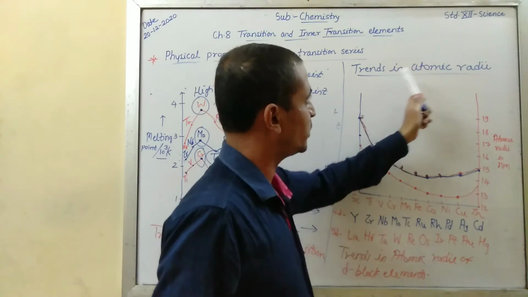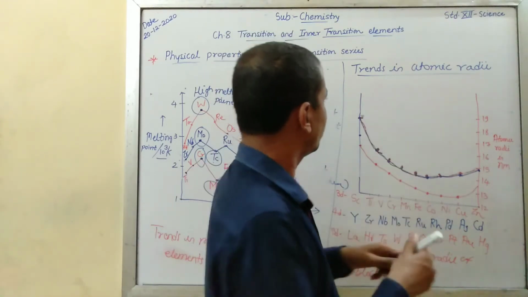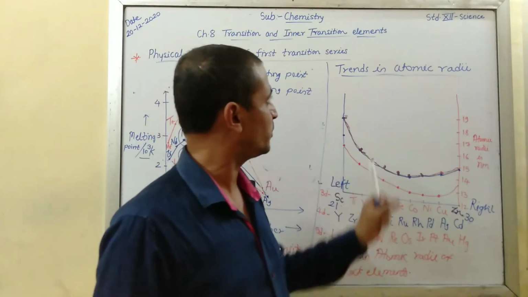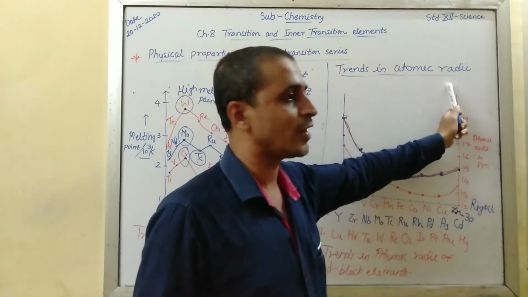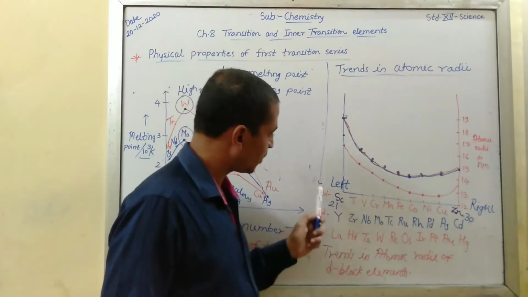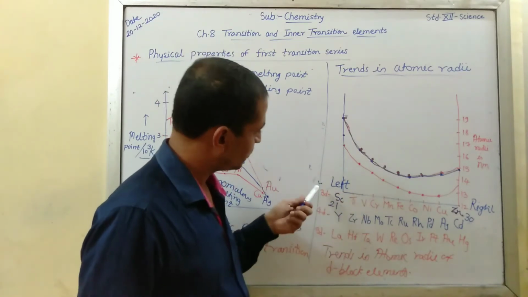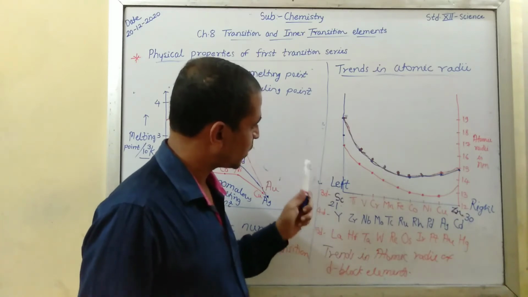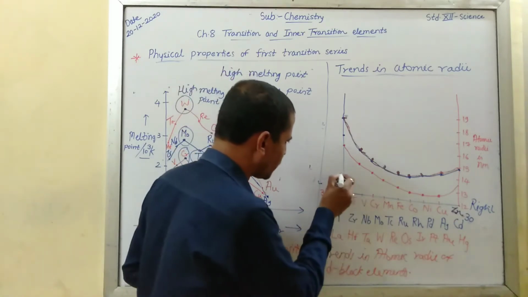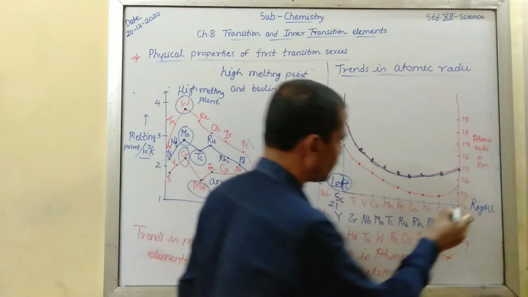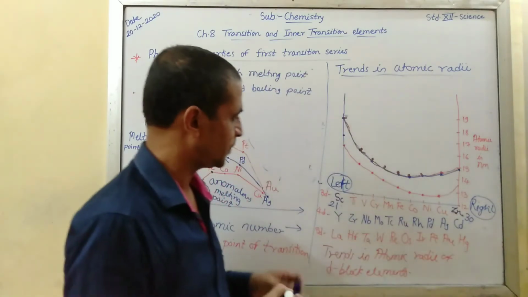Now come to trends in atomic radii. You know that the distance between the nucleus and the outermost shell of an atom is called the atomic radius or atomic size. Now come to the first transition series. In this first transition series, the atomic size goes on decreasing from left to right.